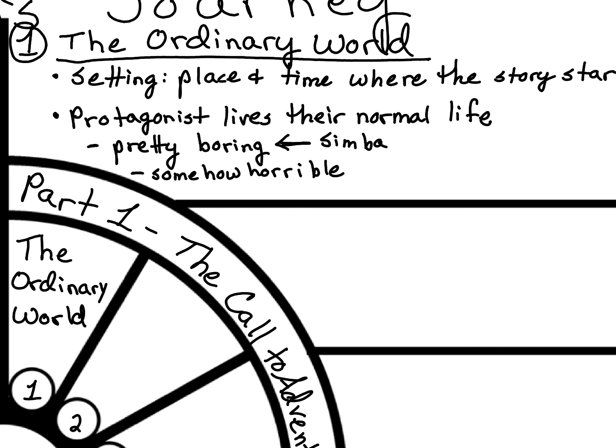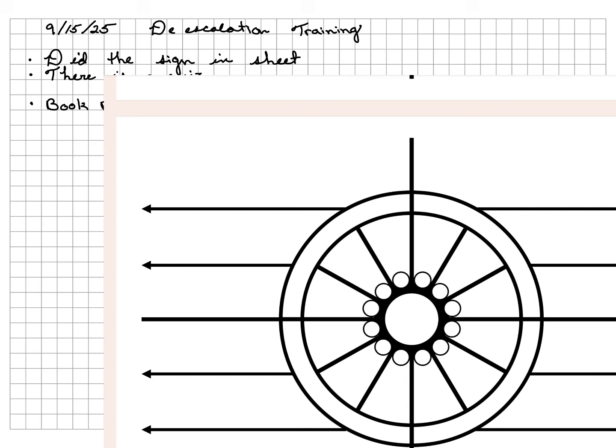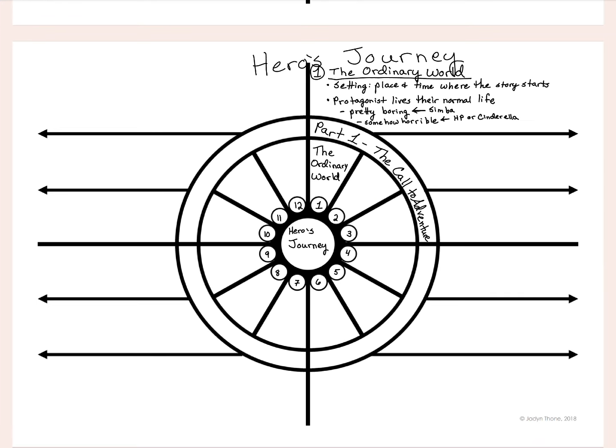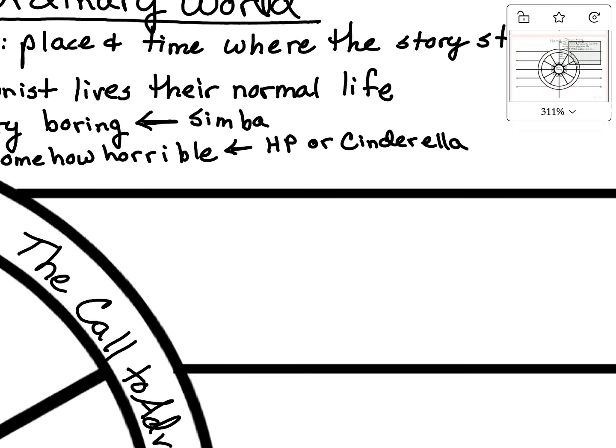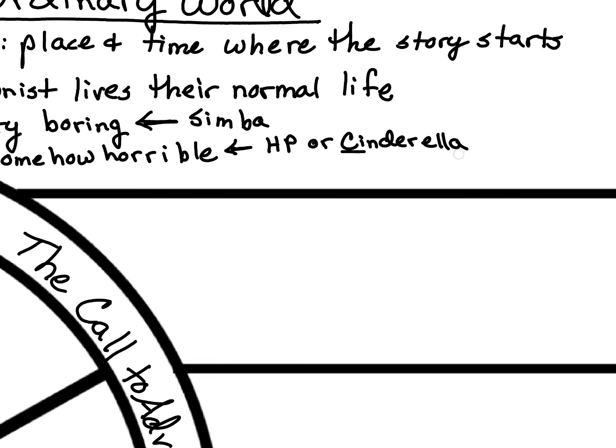Or I think of Harry Potter or Cinderella. We find out that their normal lives are pretty horrible. Cinderella is treated badly by her stepsisters and her stepmother. Harry Potter is treated badly by his aunt and uncle, and it's just all around not a good life to have.